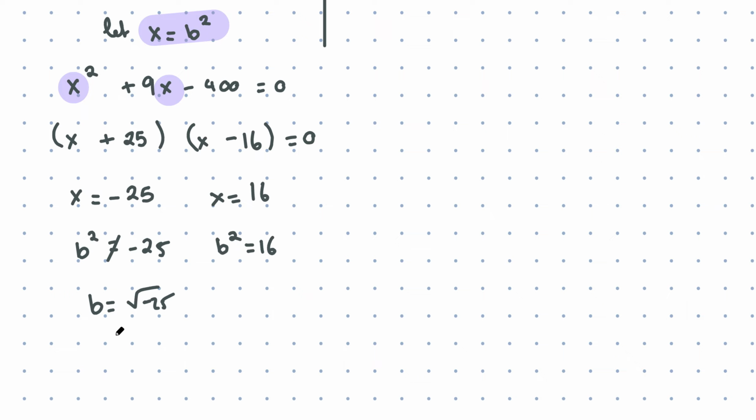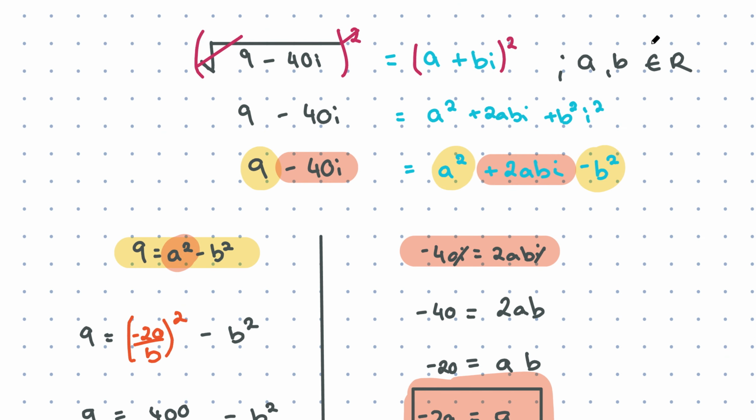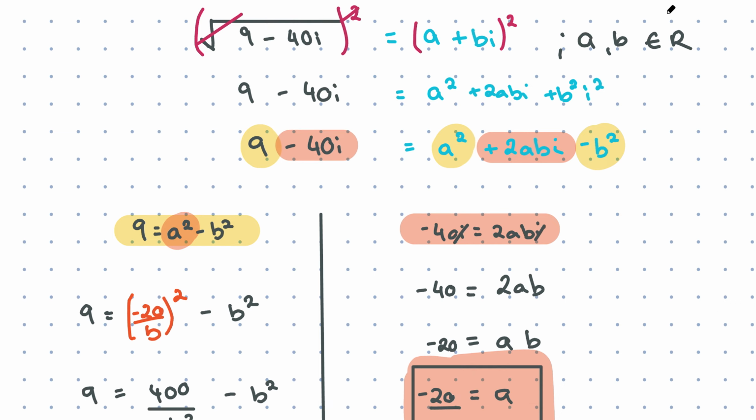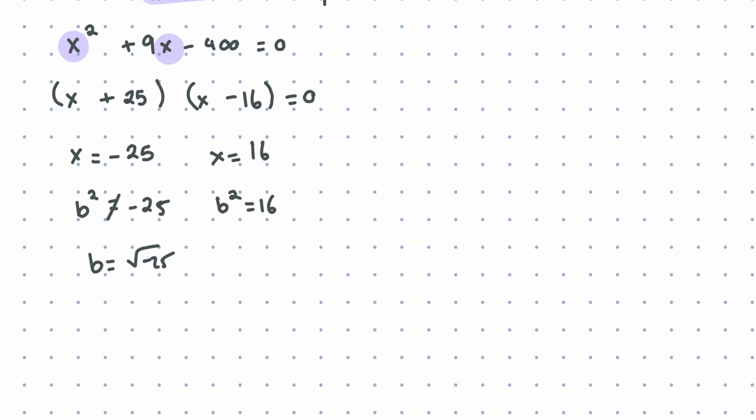And if it produces an imaginary number, then it can't meet the conditions of our a plus bi that we introduced at the start. So that's why we do not take this route.